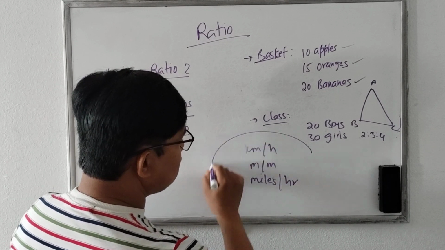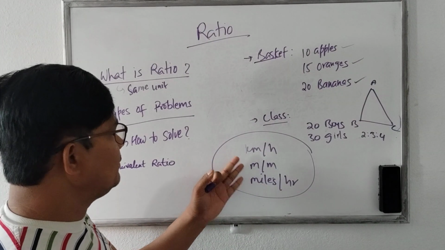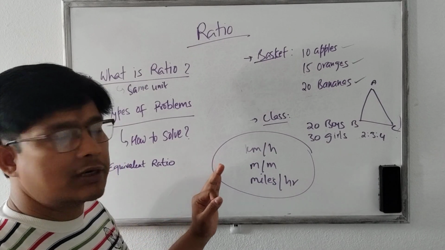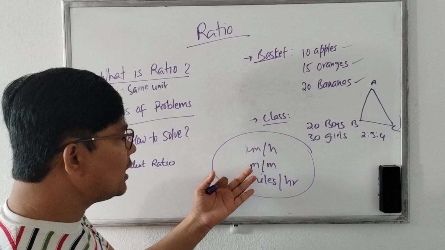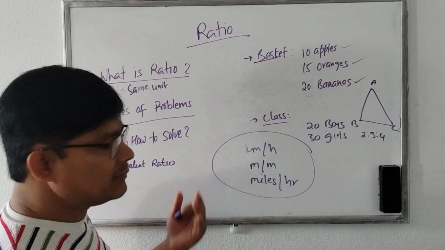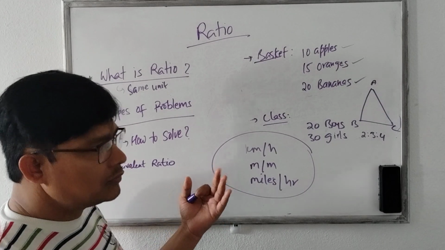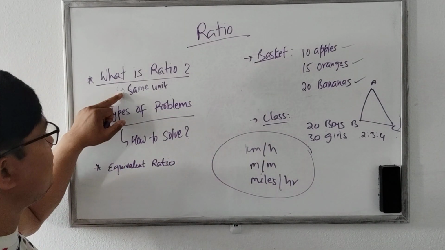When you are asked to find the ratio of speed, in that case you have to make sure that you are converting them to the same unit, either kilometer per hour or meter per minute or miles per hour. Without converting into the same unit, if you try to find the ratio, that will be wrong answer. So this is very important.